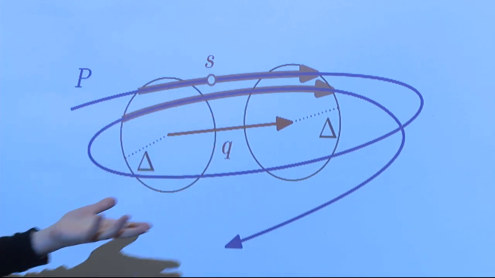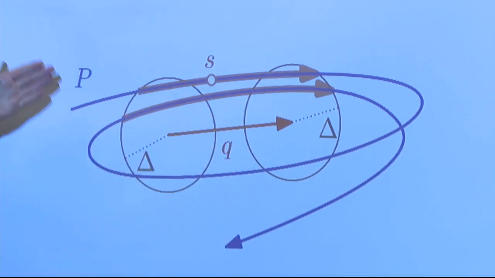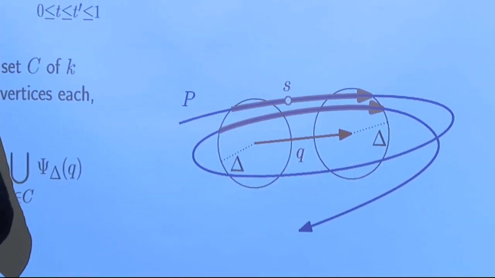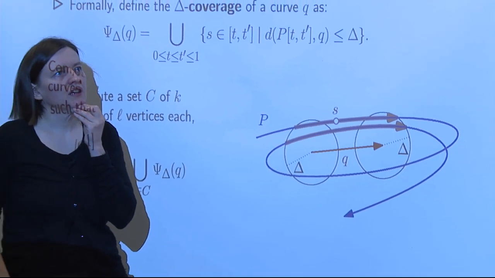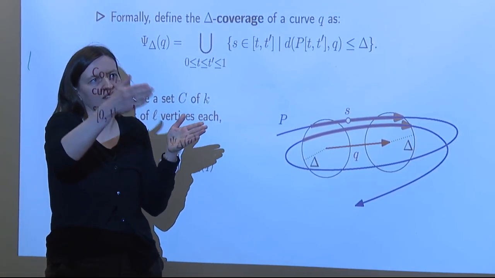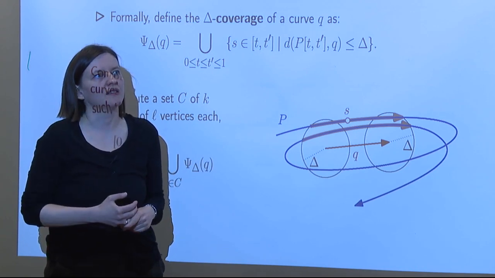It's not obvious why this works, but we have a certain type of simplification that we can use to pre-process the curve that will allow us to only look at these sub-edges as candidates.